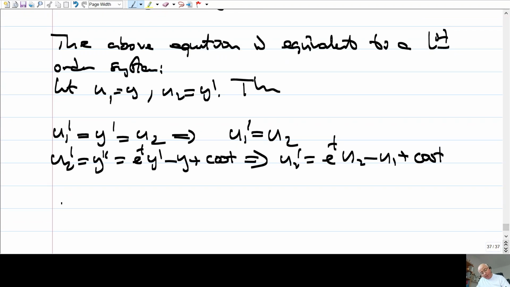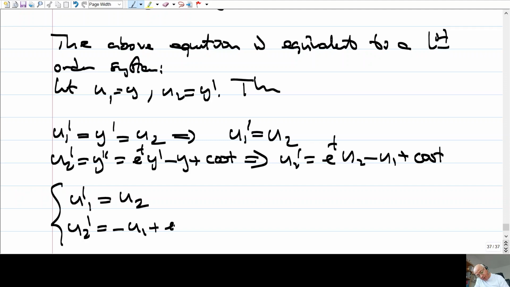So we have the following system then. u1 prime is equal to u2 and u2 prime is minus u1 plus e to the power t u2 plus cosine t.